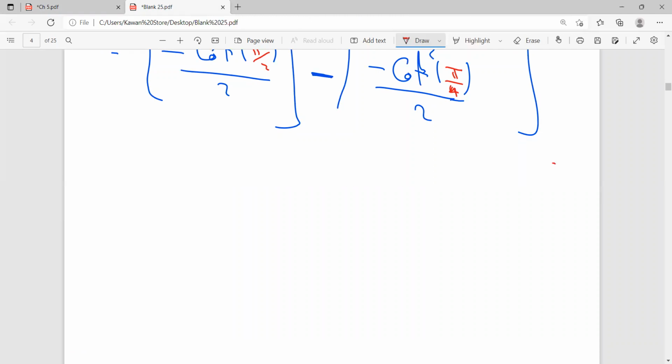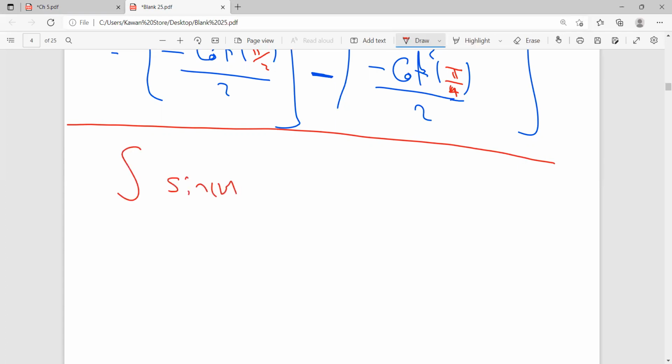We are not solving by the derivative. We are solving by what we have. If I have just sine of x dx, this one is direct. You don't need the derivative. I say it is equal to minus cosine x plus c.